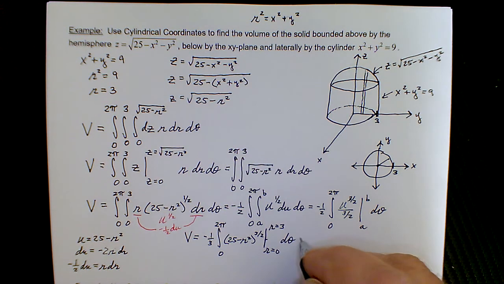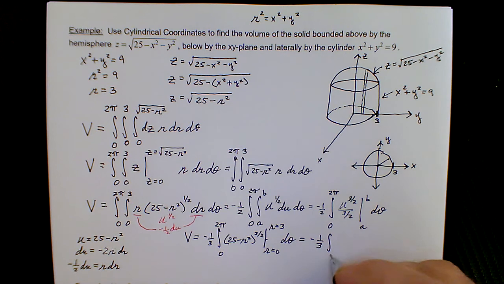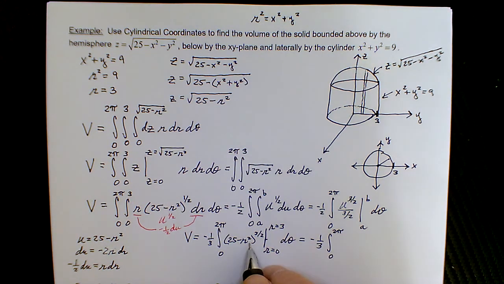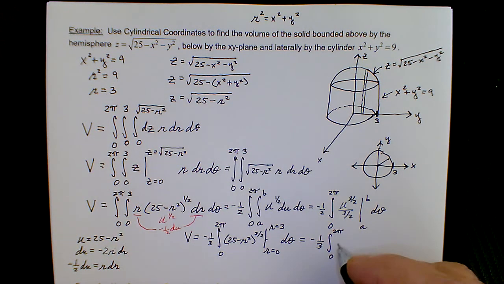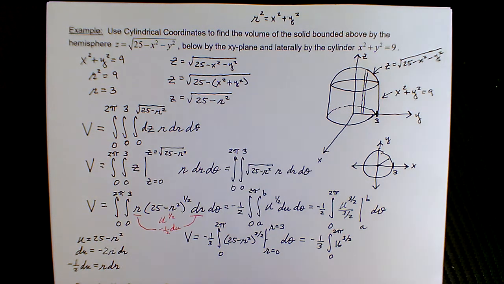That's with respect to theta. So that gives minus 1/3 integral 0 to 2 pi, and then put a 3 in. So we get 25 minus 9 is 16 to the 3 halves. And then put a 0 in.